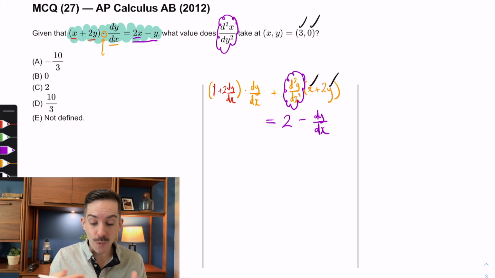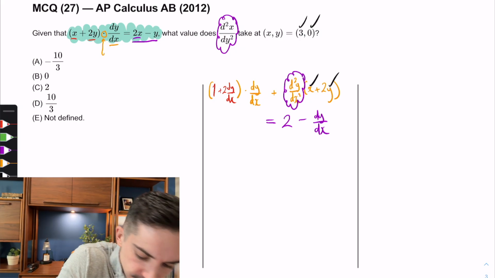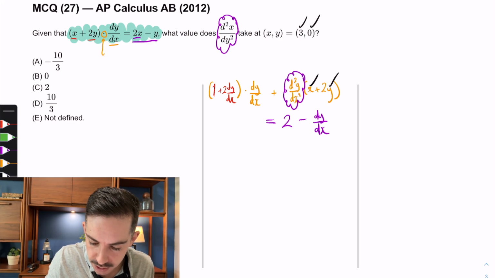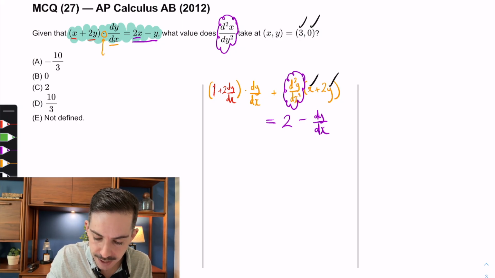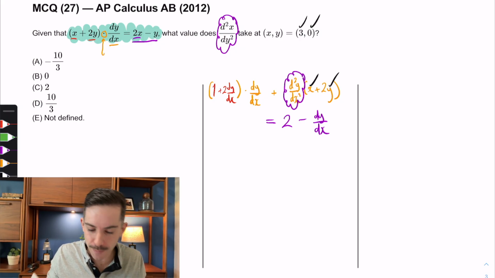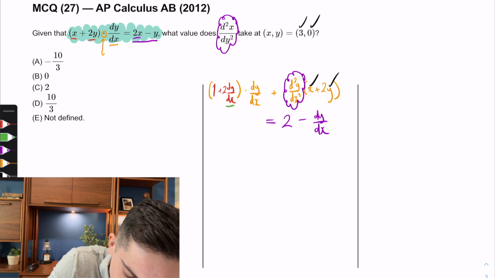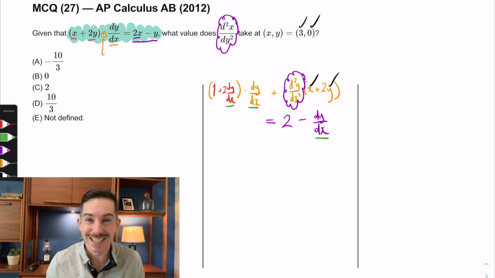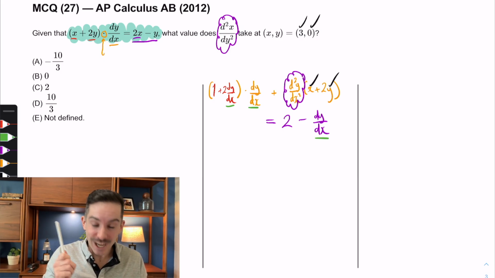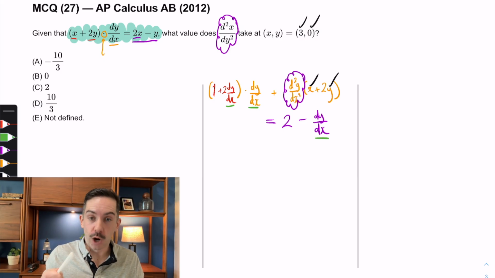So if I substitute in enough quantities, I'll be able to solve for that second derivative and figure out my answer. Everything else I see is constants, 1s and 2s, negative signs, except I've got a load of dy by dx's. Got dy by dx, dy by dx, dy by dx, and I don't know what dy by dx is in order to substitute it into this equation.